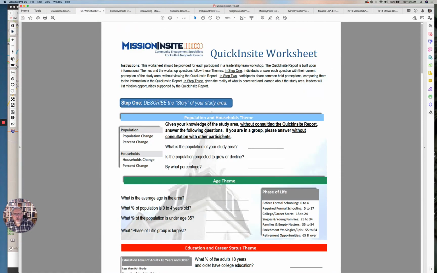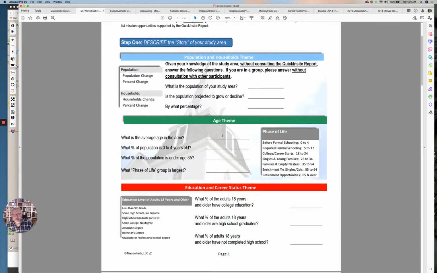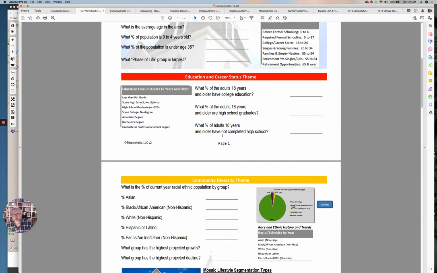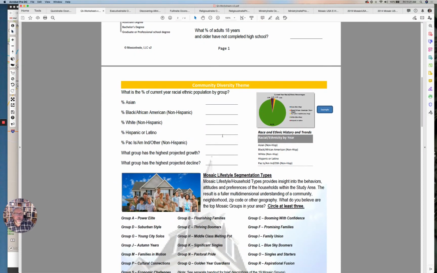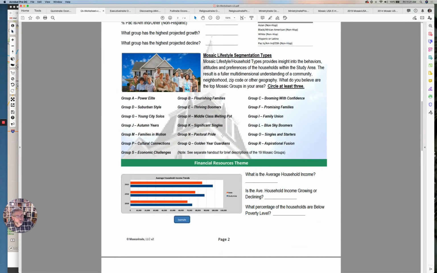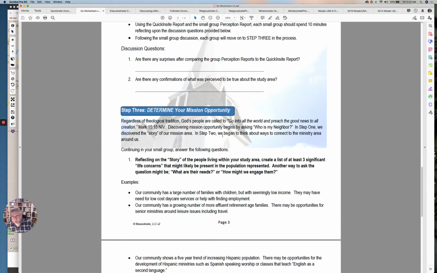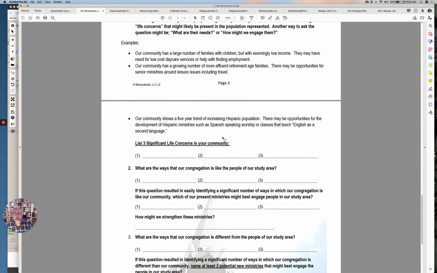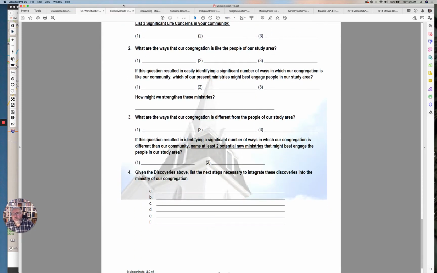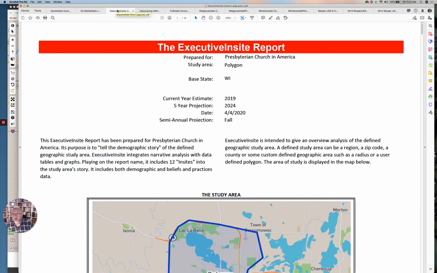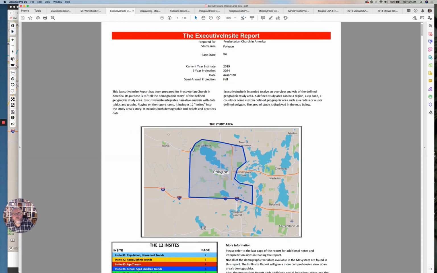This sheet will give you some basic questions you should be asking, and if you're producing a report for an M&A committee or an area that's asking about a church plant, you can fill this out, and it works nicely for that reason.